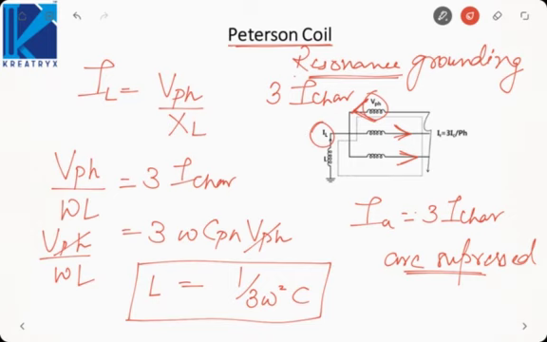Inductance of arc suppressor coil is 1 by 3 omega square C. So these are the general methods by which we will ground the neutral of a system. That is, one was solid grounding, other was resistance grounding, reactance grounding, then Peterson coil. Peterson coil is a special case of reactance grounding in which the inductance is equal to 1 by 3 omega square C.